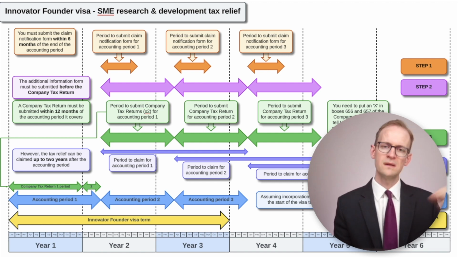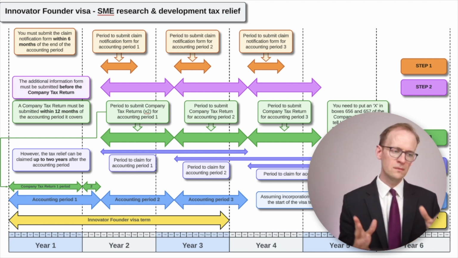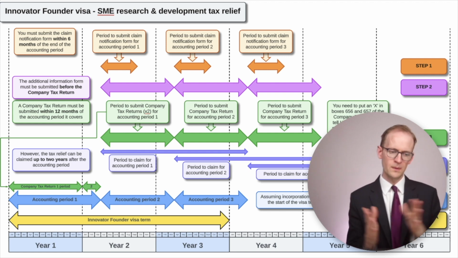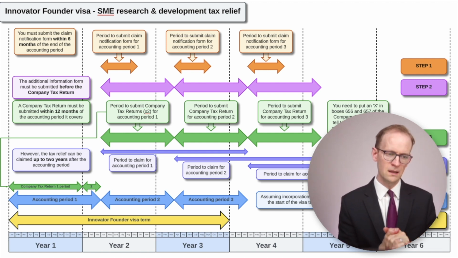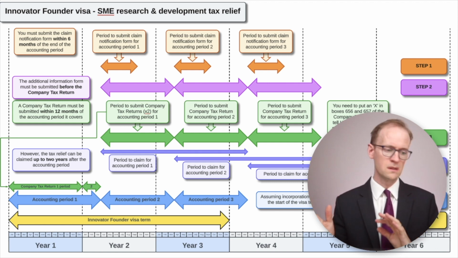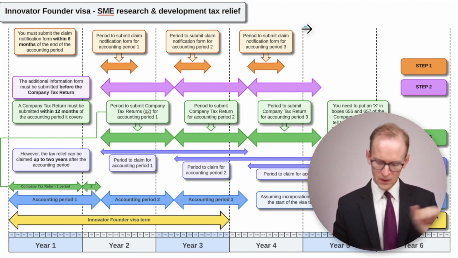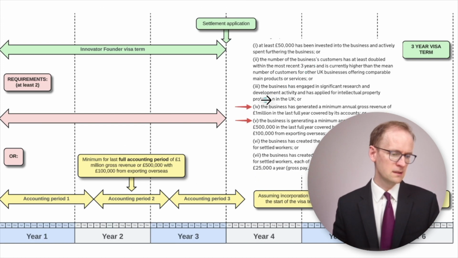If HMRC has already accepted that your activity qualifies as innovative, it would be inconsistent really from a public policy perspective for the Home Office to be taking a contrary view, particularly after it's been confirmed in an endorsement letter. But it also helps at the endorsement stage as well. I'm talking about settlement endorsement. Hope that's helpful. I'll cover this point about R&D in more detail in the next video.